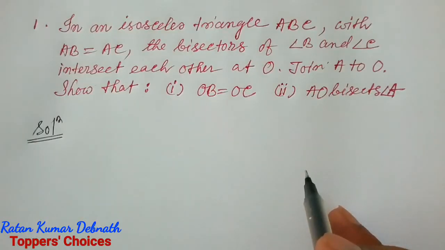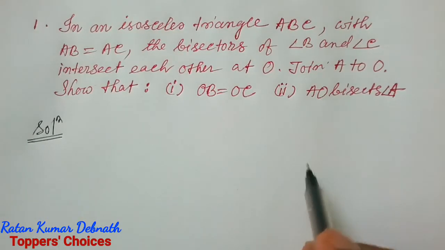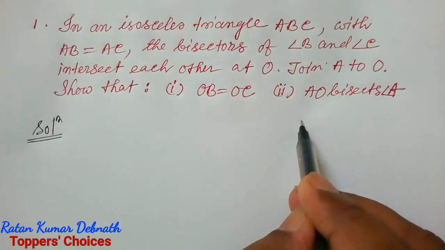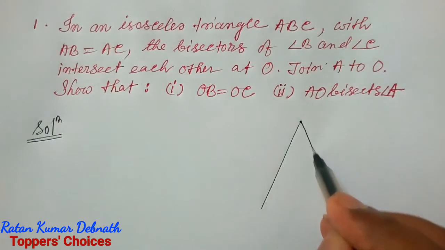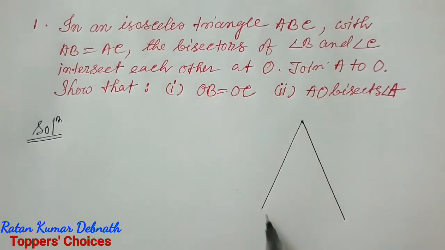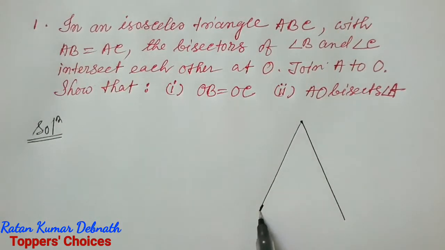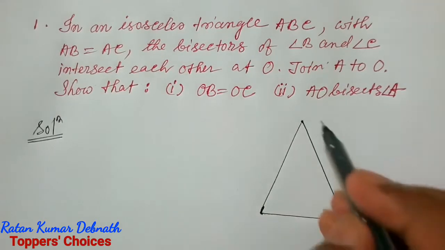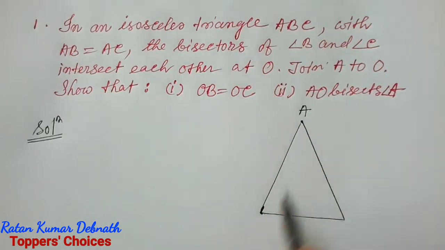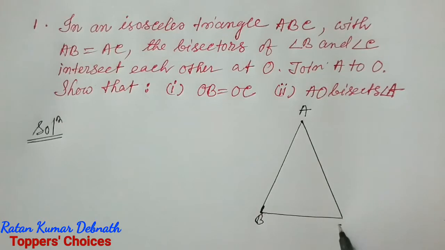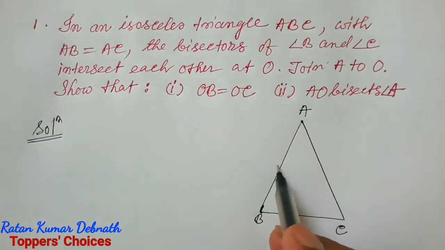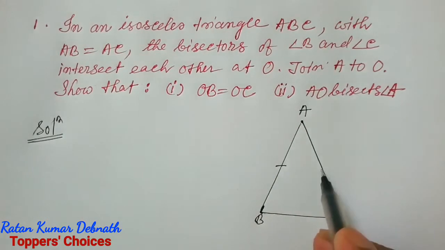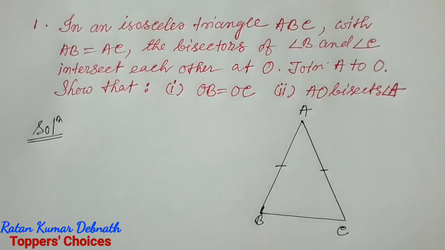Figure is not given, so we have to draw the figure first. ABC is an isosceles triangle in which this side equals to this side, given.